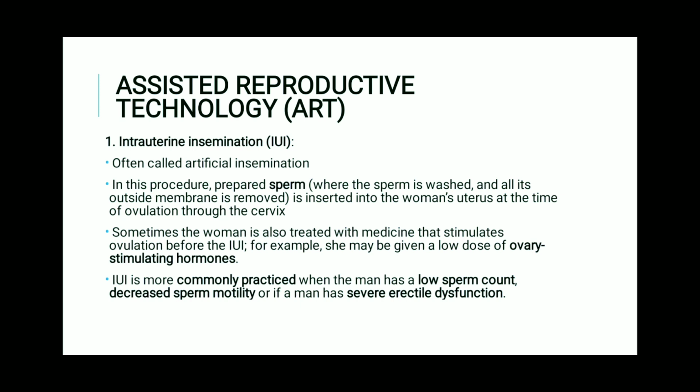Sometimes the woman is also treated with medicine that stimulates ovulation before IUI. For example, she may be given a low dose of ovary stimulating hormones. IUI is more commonly practiced when a man has low sperm count or decreased sperm motility, or if a man has severe erectile dysfunction.